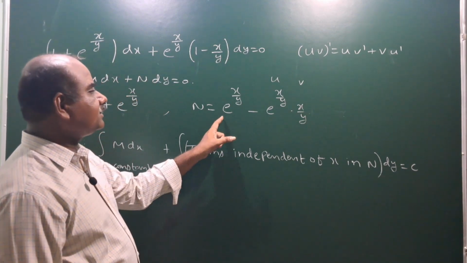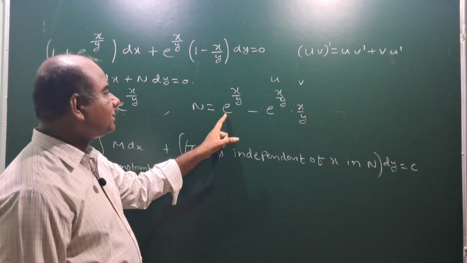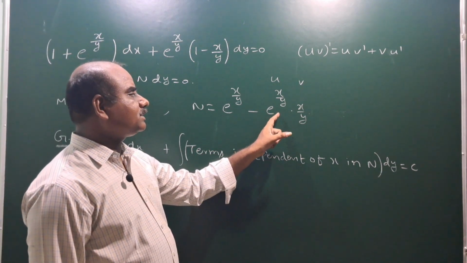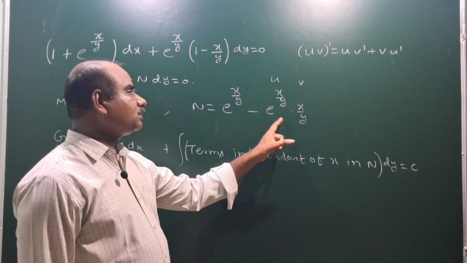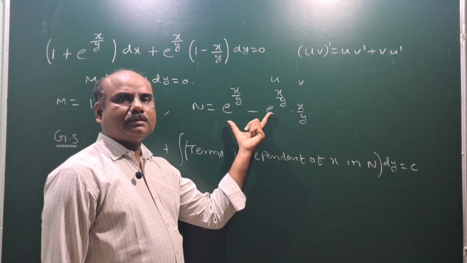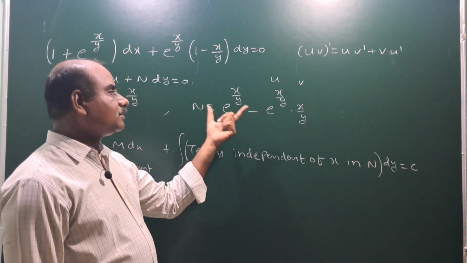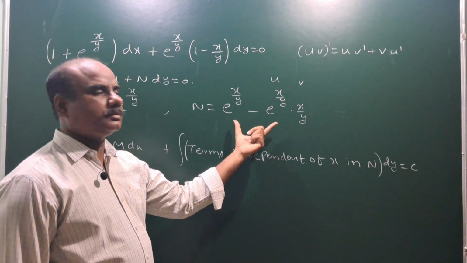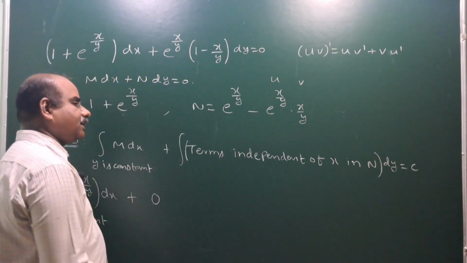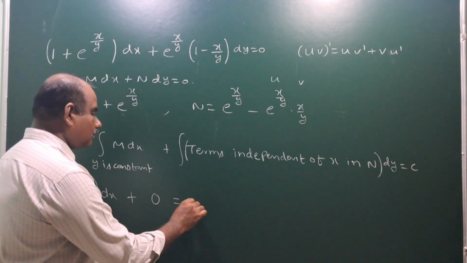So n contains these two terms. The first term contains x in the power and the second term contains also x. So both terms contain x. So there is no independent term of x in n. So that's why it is 0. We can take this integral as 0. It is equal to c.